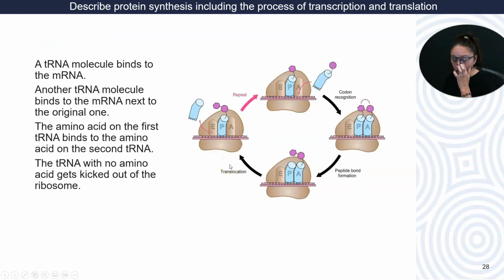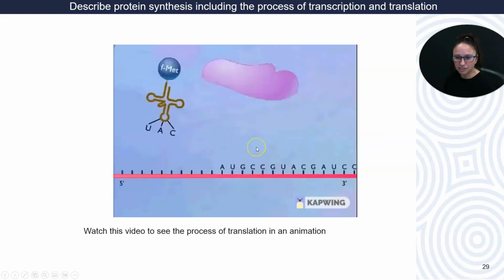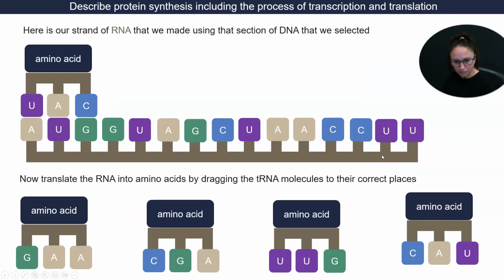Now I've got an animation for you to watch that shows you step by step what happens, but I think it's better that we build one first, and then you'll understand these pictures a little bit better. Here is another animation of what we're trying to achieve. But yeah, let's build one. Okay, so here we go.